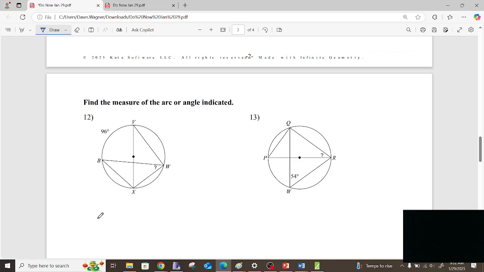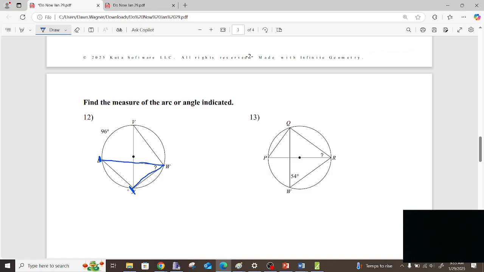Find the measure of the arc or the angle indicated. So here's the question mark, right? Which, if I look at this, this is an inscribed angle, correct? It subtends, or I use that word cut, this arc over here.